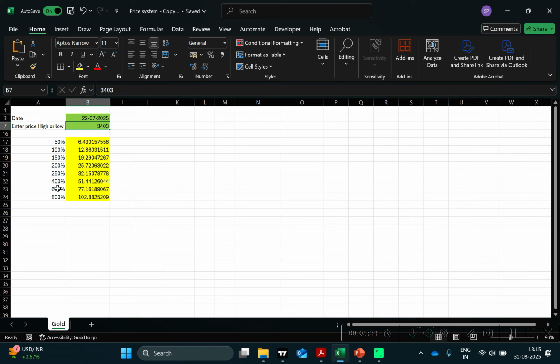Why I have kept these values till 800%: normally, in my testing, I have seen that gold doesn't go beyond 800%. It doesn't move more than 100 points every day. So we will stick to this, and let's see how it goes.